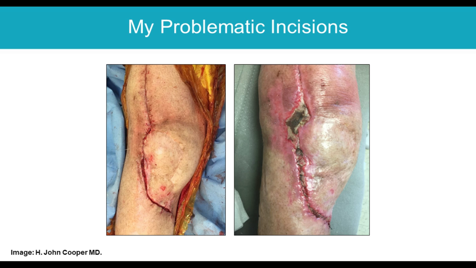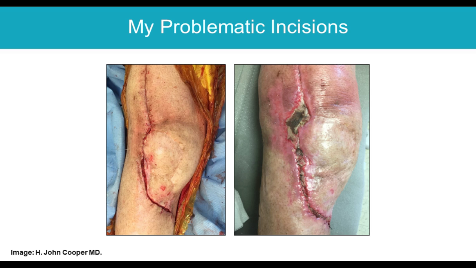My initial recommendation was for an amputation in him, but given that he was a truck driver and he was relatively young, we talked about ways that we could perhaps save his limb. So we took him back to the operating room, number one, after he stopped smoking, and took out his infected revision knee replacement.